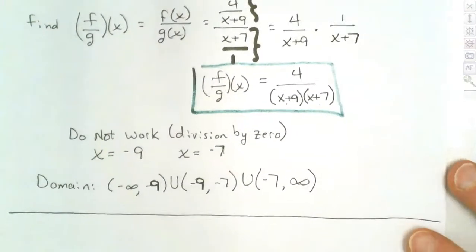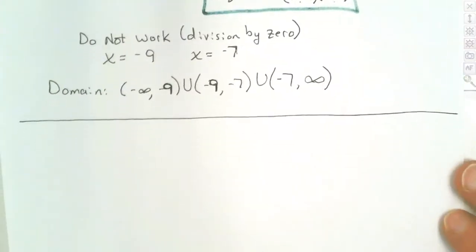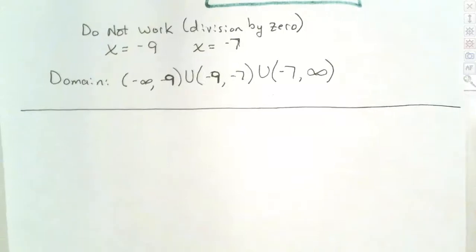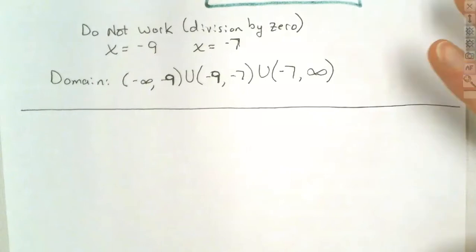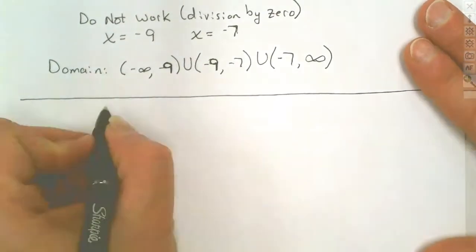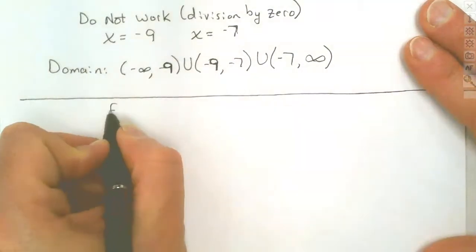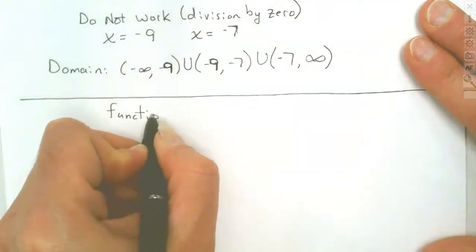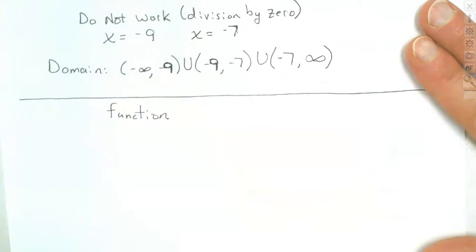Okay. Let's now look at function composition. And this is something that might be new to some of you, but it's very easy to do. Function composition is when we splice one function inside of the other.